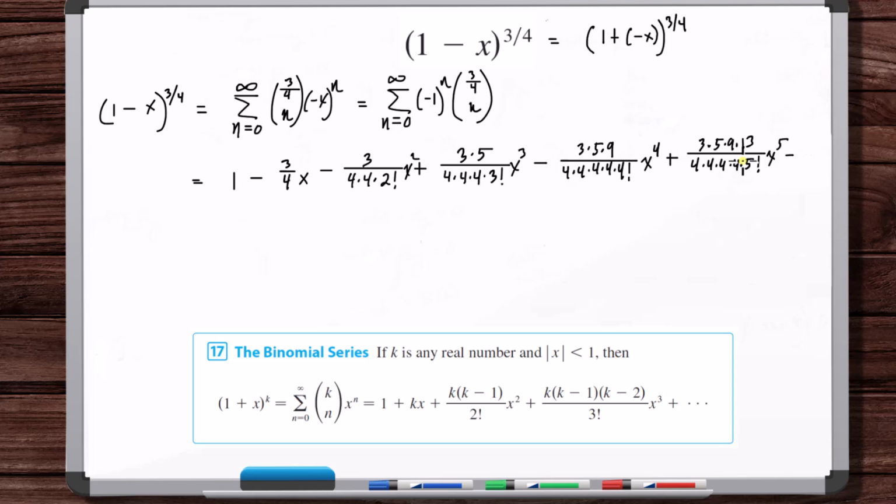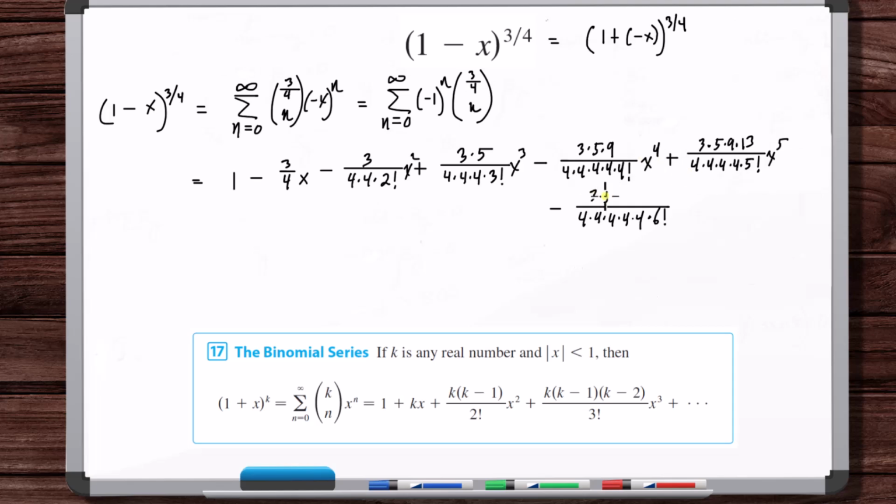Let's go one more term. So minus 4 times 4 times 4 times 4 times 4 times 6 factorial, and then 3/4 minus 5. 5 times 4 over 4 is 20 over 4. That's 17. Okay, I see.